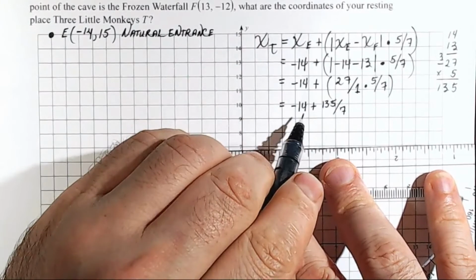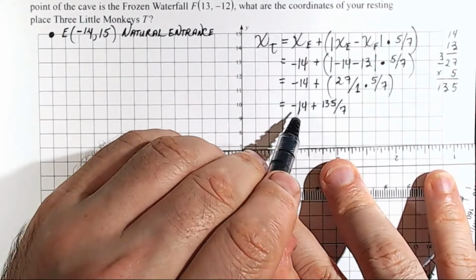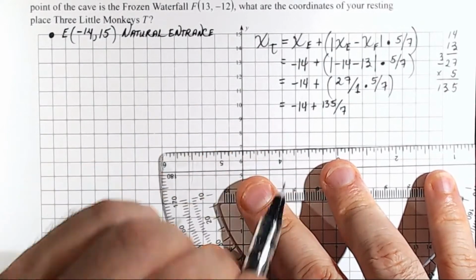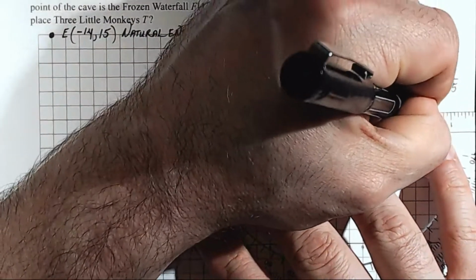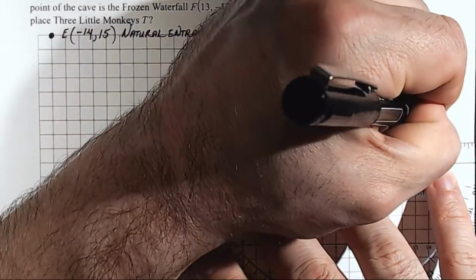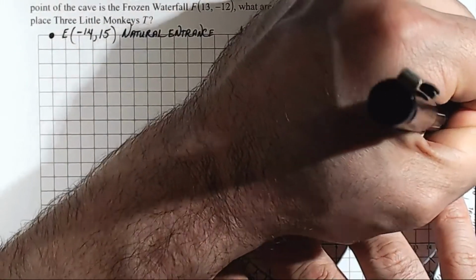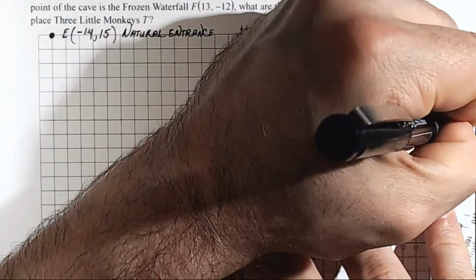Okay, now I got to turn -14 into a number with 7 in the denominator, so I've got to multiply -14 by 7 over 7. -14 over 1 times 7 over 7. All right, so what is 14 times 7? Let's see, 4 times 7 is 28, and that would be 98.